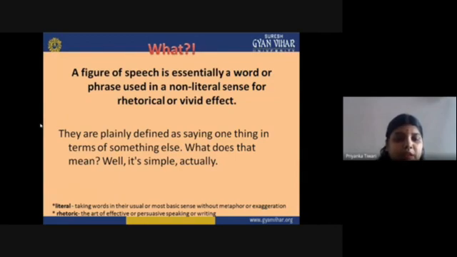Literal means taking words in their usual or most basic sense, without metaphor or exaggeration. Rhetorical means the art of effective or persuasive speaking or writing.